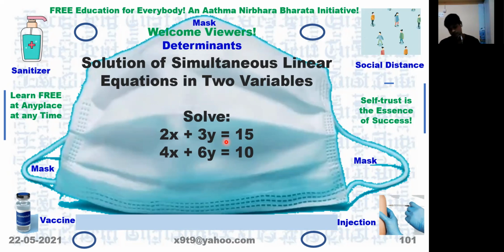If the numerator is 0 and the denominator is not 0, then the answer is 0. If the numerator is 0 and the denominator is also 0, then it is called indeterminate.